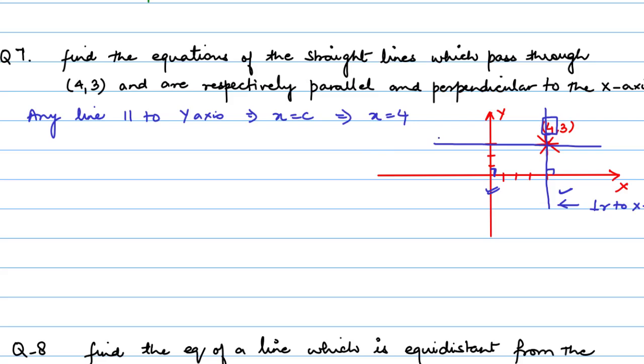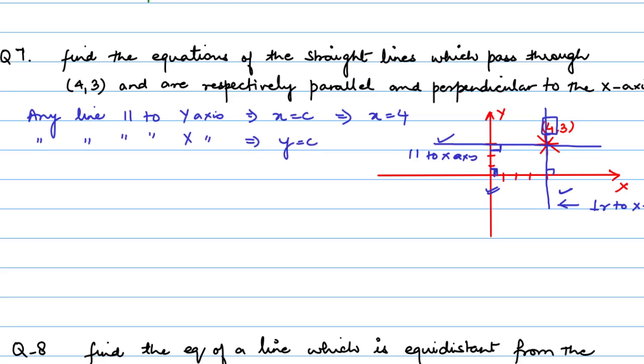Similarly, this line is parallel to x-axis. If this line is parallel to x-axis, therefore it is perpendicular to y-axis. Therefore this angle is 90 degrees. If this is 90, this is obviously 90, therefore these two lines are parallel. Therefore this line is parallel to x-axis, and we have learned that any line parallel to x-axis is of the form y is equal to c.